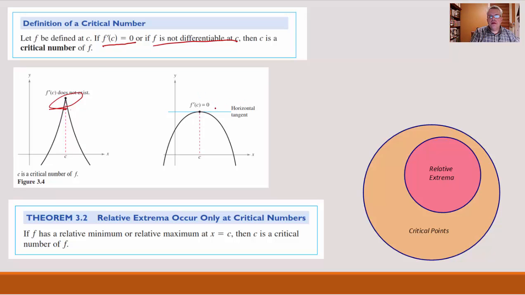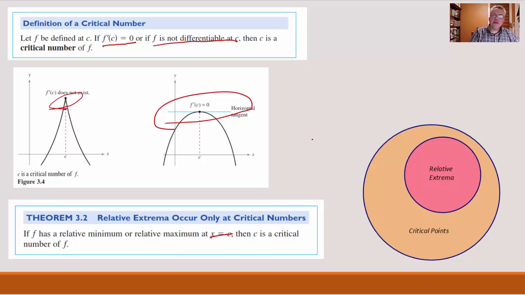Okay, same thing here. Here's a point where the derivative exists, but it has a horizontal tangent. So f prime is 0 right there. These two kinds of points, the numbers where they happen, are called critical numbers. The reason they're important is this theorem here. If f has a relative minimum or relative maximum at a point c, then c is a critical number of f.